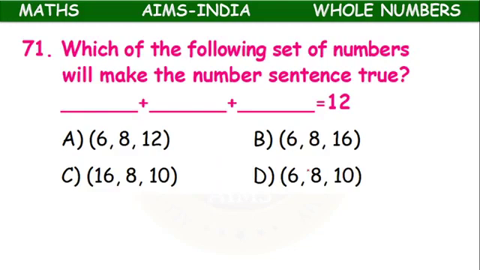Next. Which of the following set of numbers will make the number sentence true? Please change the A option as 0, 8, 4, children.